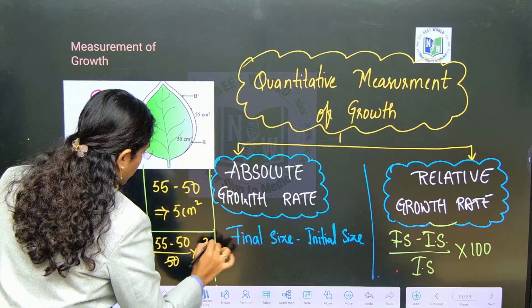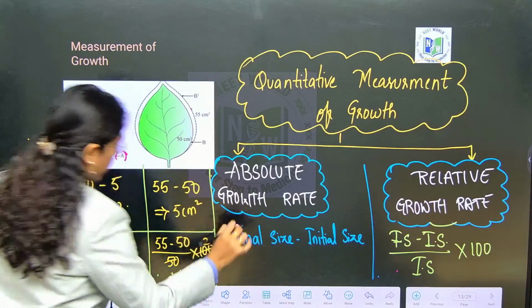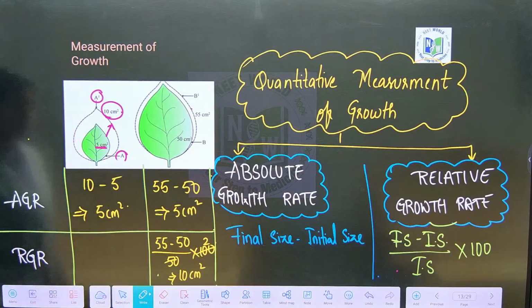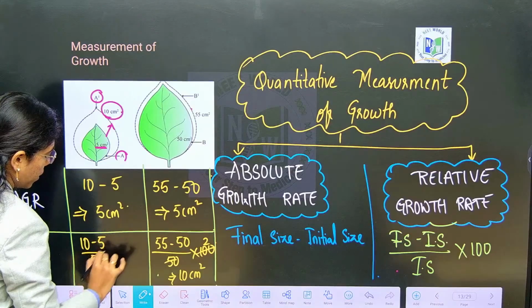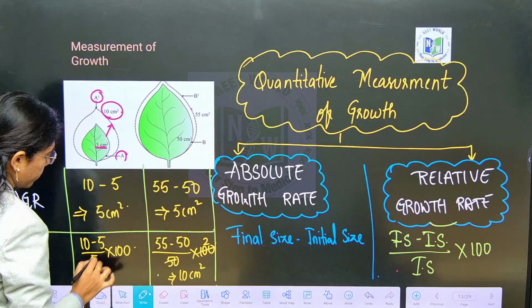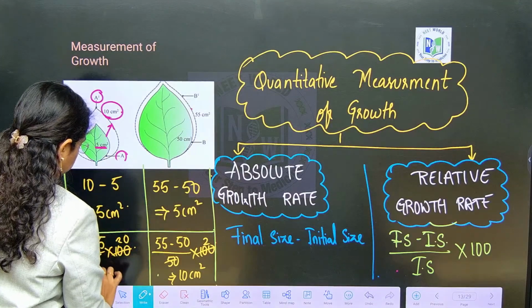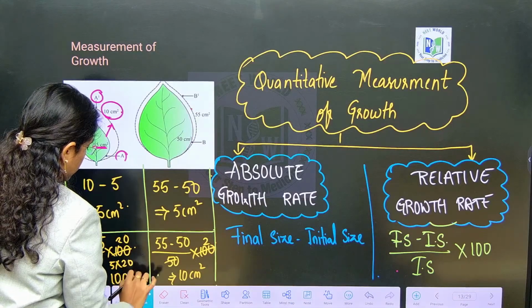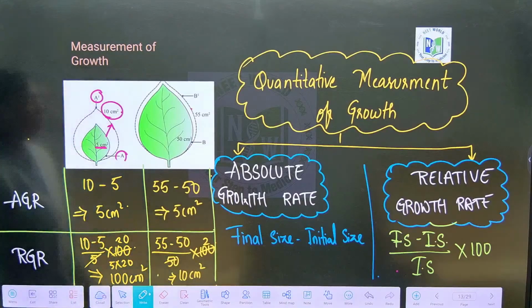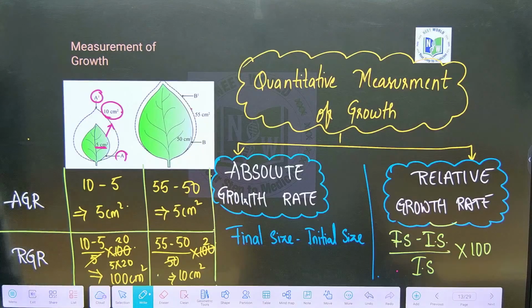If you see, it is 10 minus 5 by 5 into 100, it is 100 centimeter square. Clear with absolute growth rate and relative growth rate? Any doubt anywhere? Is this clear?